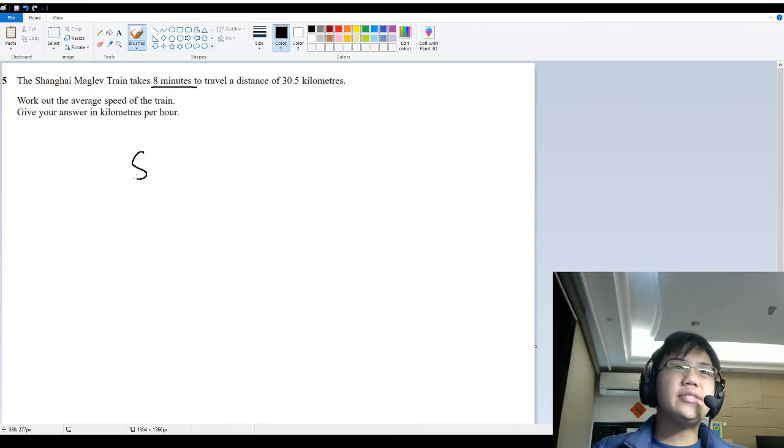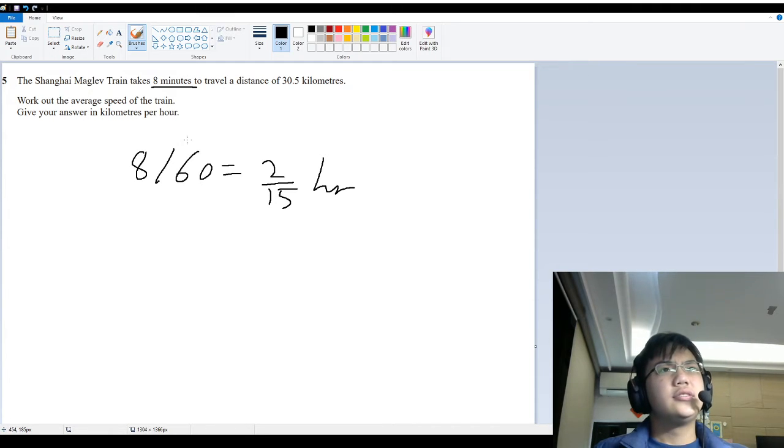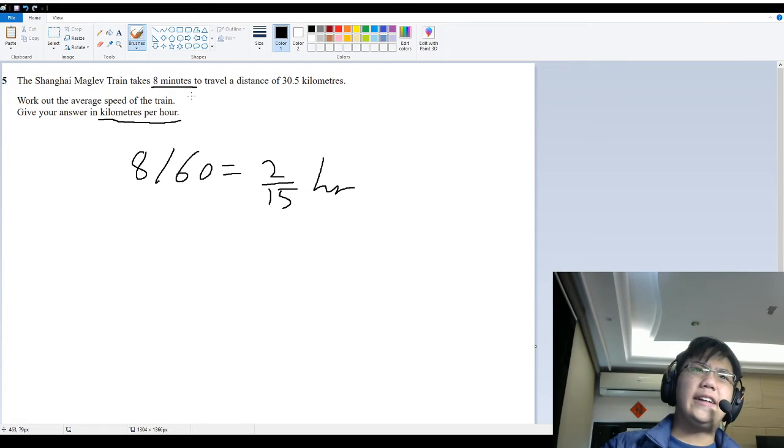So 8 minutes divided by 60 equals 2/15 of an hour. We need to convert this because we need to give our answer in kilometers per hour, and the given value is in minutes. So we must convert the minutes into hours.